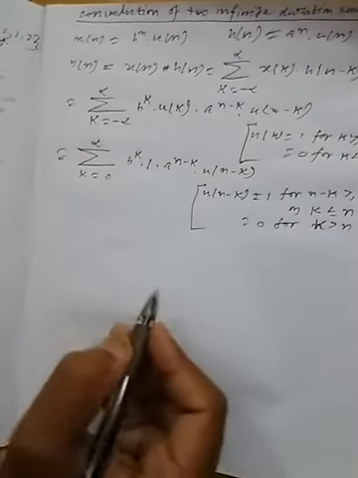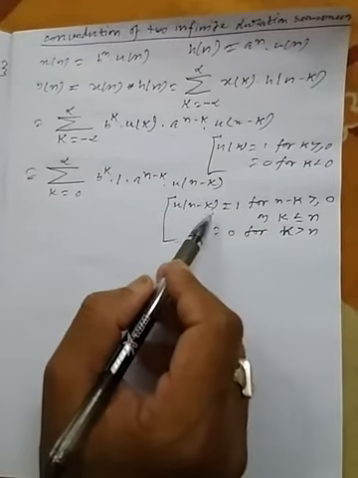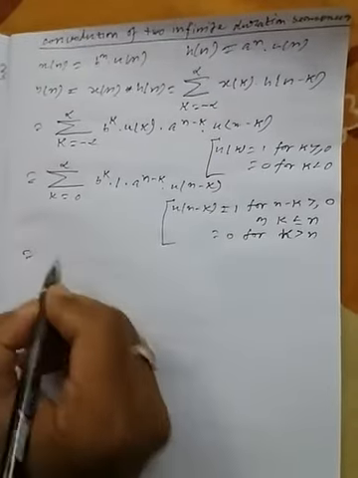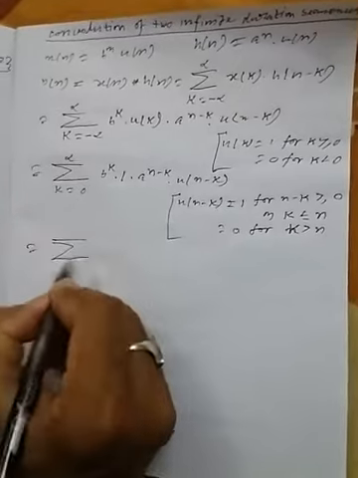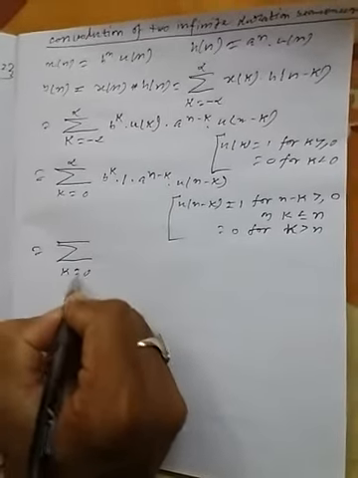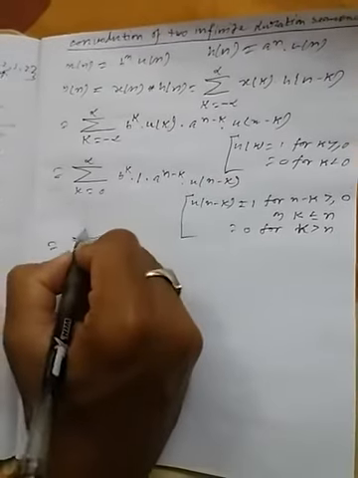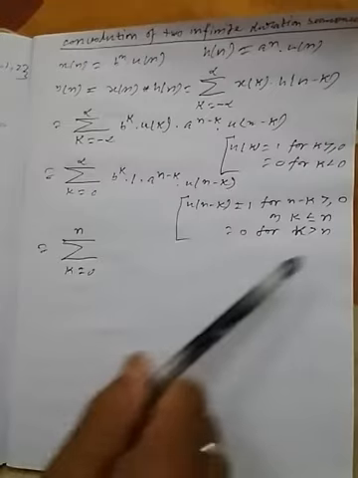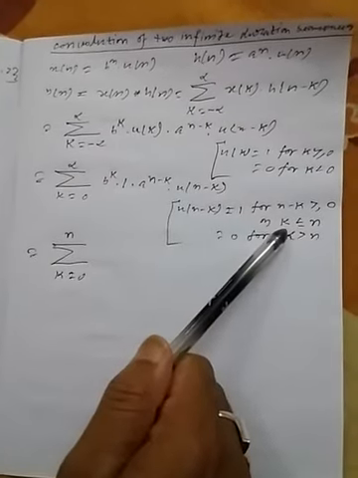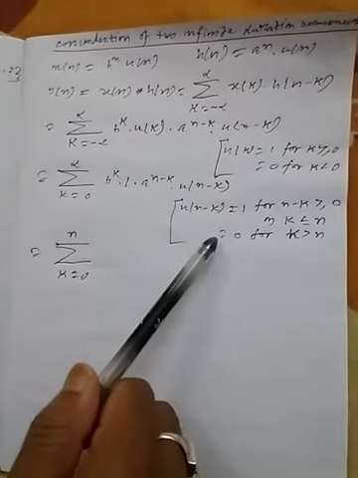So if we put this range where it is 1, the range of this summation will change to k equal to 0 to n, because when k is less than or equal to n, then only it is 1, otherwise 0.